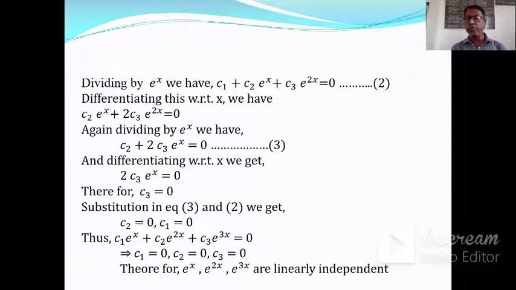We generalize this: if all these exponents are distinct, then these exponential functions are linearly independent. We want to use this later on.